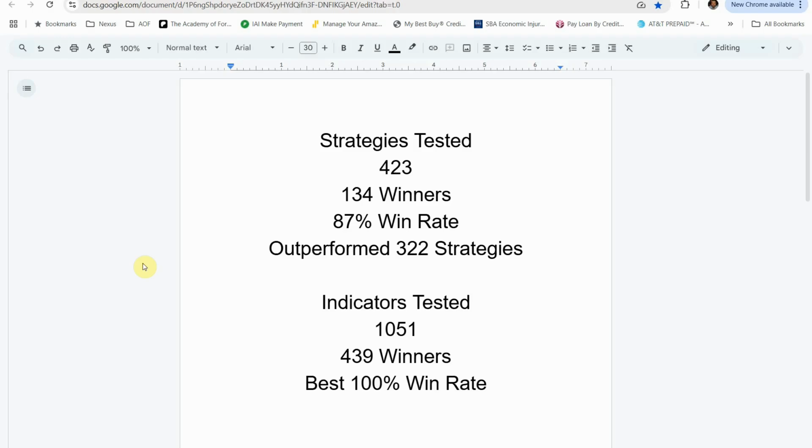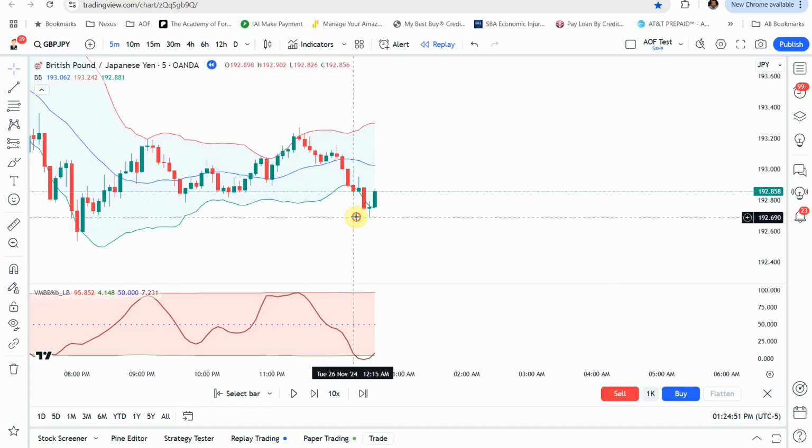The best one so far was able to achieve an 87% win rate. That was achieved using the Academy of Forex indicator. And so far, since we've been keeping track, it has outperformed 322 of the other strategies that we have put it up against, every single one so far. We've also tested a total of 1,051 indicators, with 439 of them being winners.